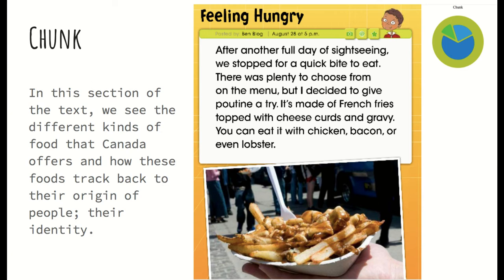There was plenty to choose from on the menu, but I decided to give a poutine a try. It's made of French fries topped with cheese curds and gravy. You can eat it with chicken, bacon, or even lobster. I have never tried that before, but it really does sound good.